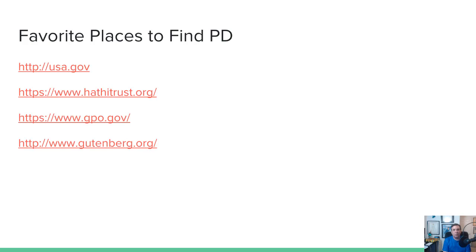What's nice about it is if I know of the existence of the book, then I can go with the title that I find on GPO, go up to USA.gov, and look for the PDF of that title. Because generally speaking, everything that the GPO puts out is also in the public domain.